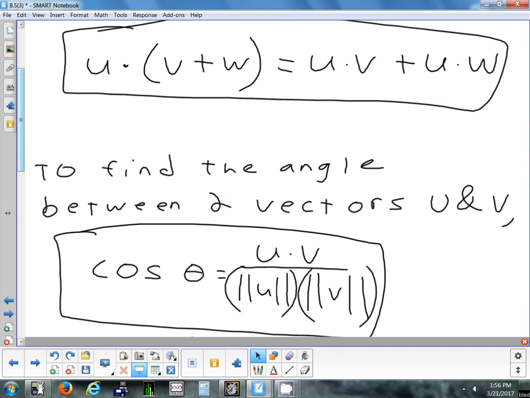You fill them into this formula, and then you'll have the cosine of your angle. Our last step is going to be to get rid of cosine, so we just have the angle. How would you get rid of cosine? Inverse cosine. So whenever you want to find the angle between two vectors using this formula, that's the last step. Use inverse cosine.